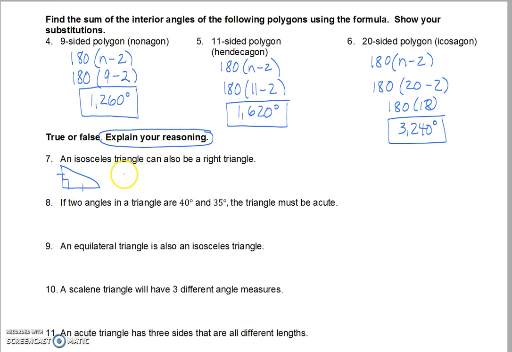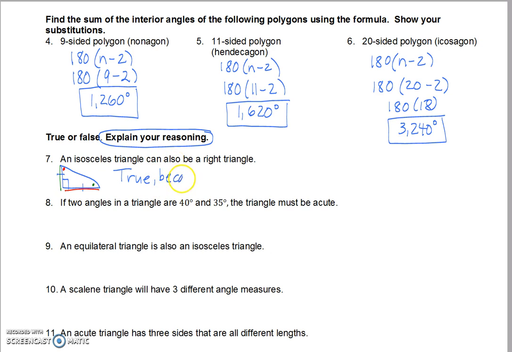And so this is obviously, to me anyway, a true statement, because as we spoke about last week, this angle controls the length of this side, and the opening of this angle controls the length of that opposite side. So there is a case where an isosceles triangle can also be a right triangle, and so I would have to now explain that in words.